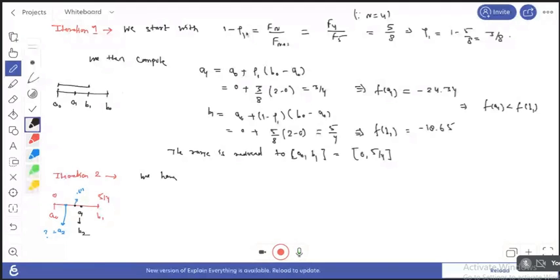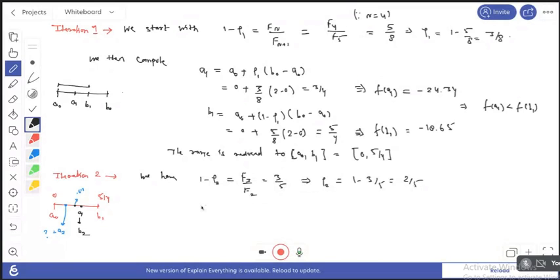We find 1 minus row 2, which in the formula is f3 over f2, equal to 3 over 5. So row 2 is 1 minus 3 over 5, which equals 2 by 5.